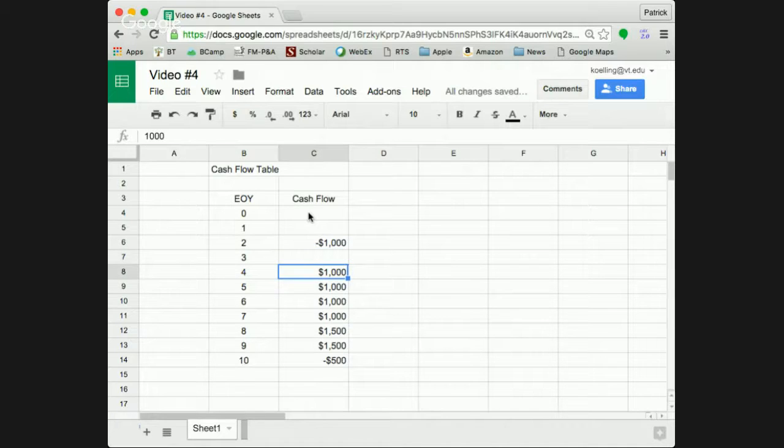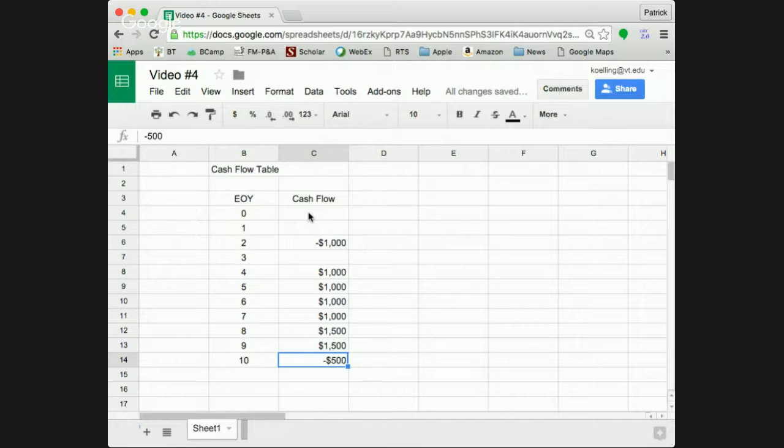At the end of years 4, 5, 6, and 7, a positive $1,000. At the end of year 8, 9, and 10, you'll recall we had $1,500 for each of those years. In year 10, we had $1,500 positive cash flow and a $2,000 negative cash flow. Those occur at the same time, and that gives us a net negative cash flow of $500.